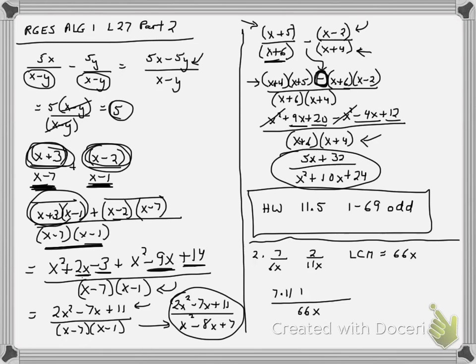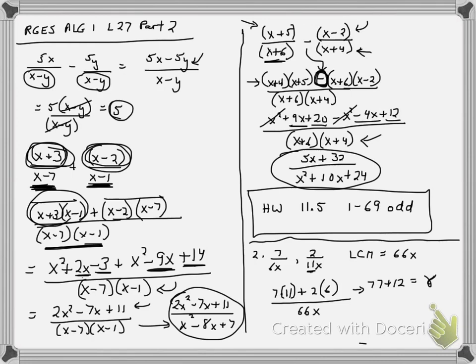And if I'm going to add them, I've got 11x in the second one, and so I'm going to multiply by 6. So that's 7 times 11, and I need a 2 times 6 here to get the 66x. So that becomes 77 plus 12, or 89.